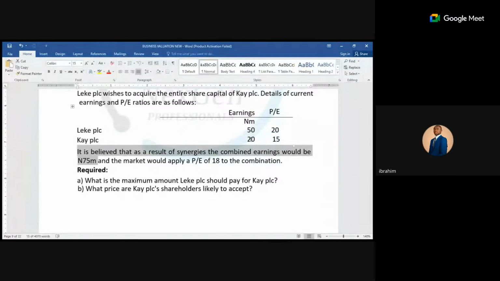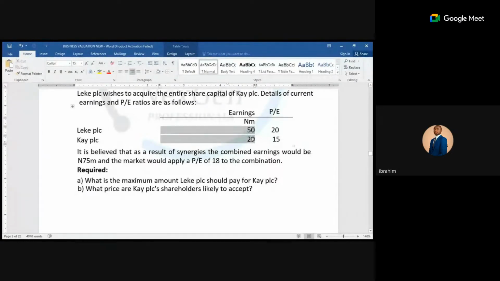So in another scenario, the combined company will not be given. What are you going to use to determine the value of a combined company? Their earnings. You add the two earnings together times the average PE ratio given in the question.